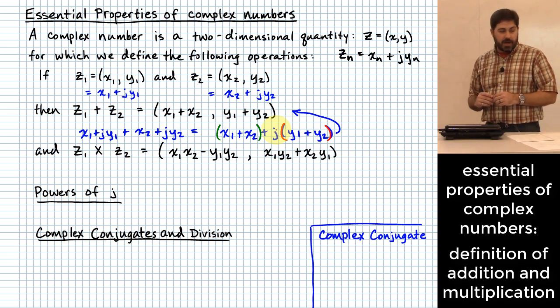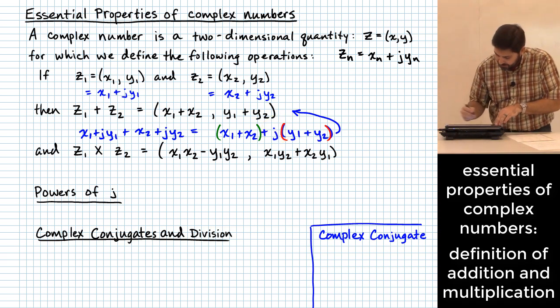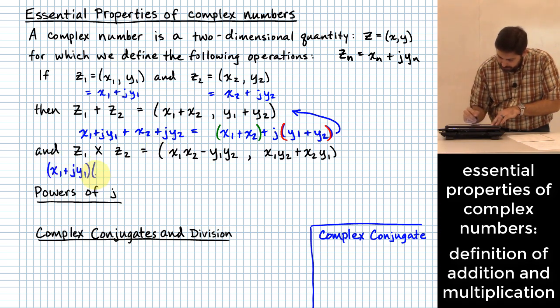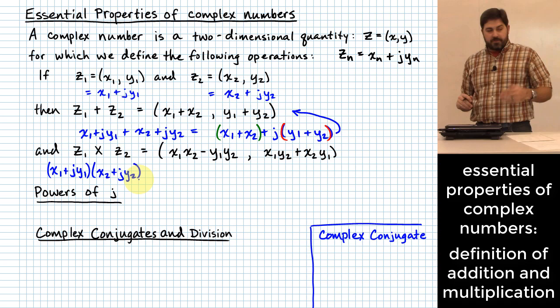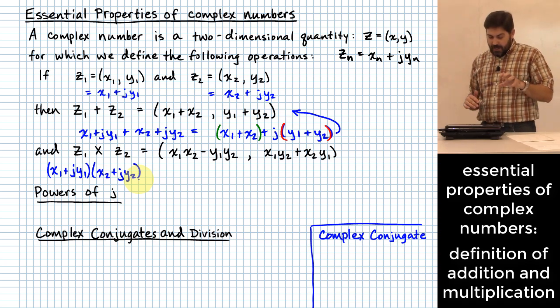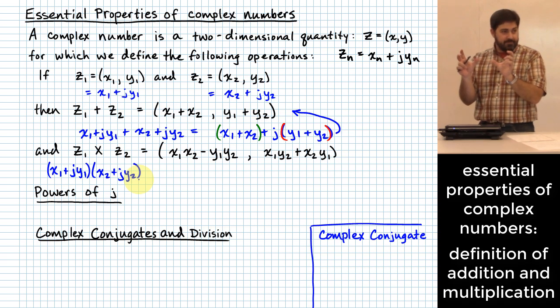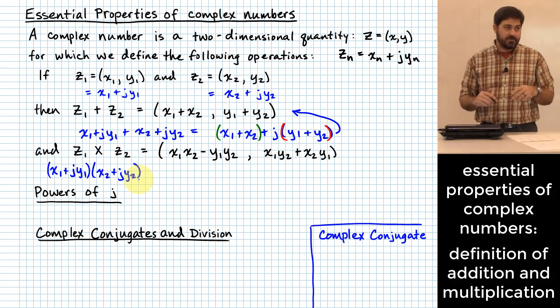Okay? Now what about with respect to multiplication? Let's check that one out. With respect to multiplication, what we would have would be x1 plus j y1 multiplied by x2 plus j y2. Now you might remember back from algebra classes, if you have the product of two binomials, how do you do that? Someone says FOIL. Yeah, some people say you FOIL it out, right?